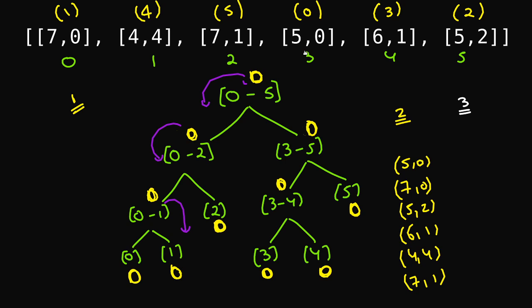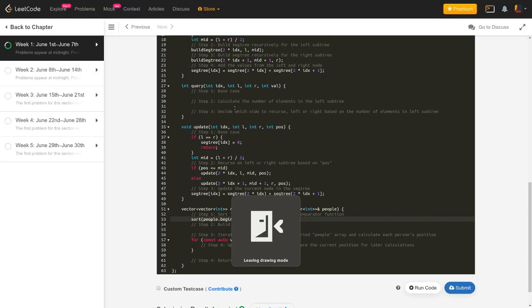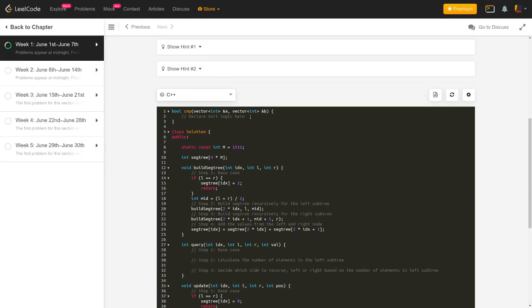The logic here is, for the first value, we want the smaller value to go before the larger values. But if there is a tie, like 5 comma 0 and 5 comma 2, or 7 comma 0 and 7 comma 1, we want the element with the higher second value to go first in our sorted order.